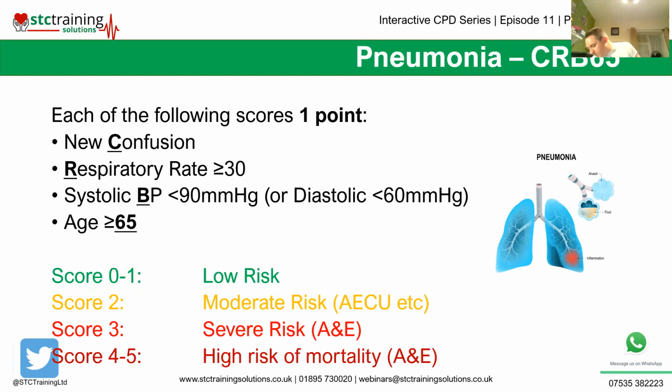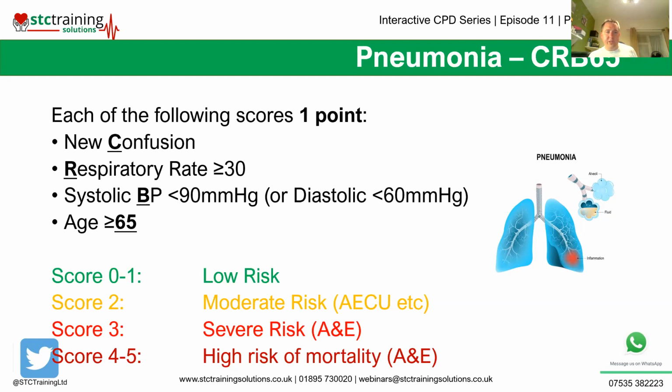So some other scoring systems I'm just going to throw in there to help those of you that did the respiratory pathophysiology a few weeks ago. CRB-65, useful for patients that you think might have pneumonia. This is one of the good pre-hospital scoring tools. So new confusion, a respiratory rate of 30, systolic blood pressure below 90 or diastolic less than 60, and an age over 65.